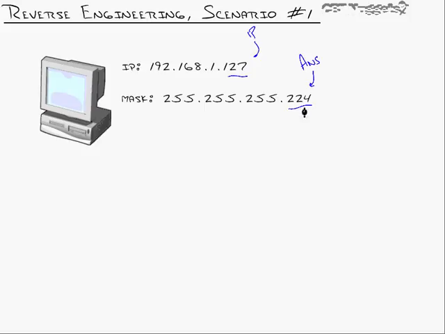The way we do that is take the lowest subnet masked octet, or the non-255 subnet mask, and break it into binary. So 224 in binary, if we were to lay out our binary chart, 128, 64, 32, 16, 8, 4, 2, 1. 224 is actually 111, 0, 0, 0, 0, 0.